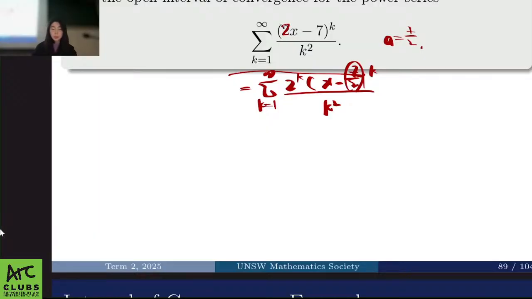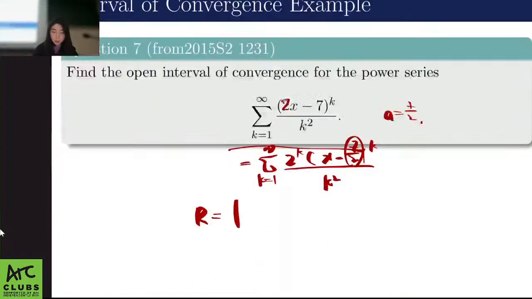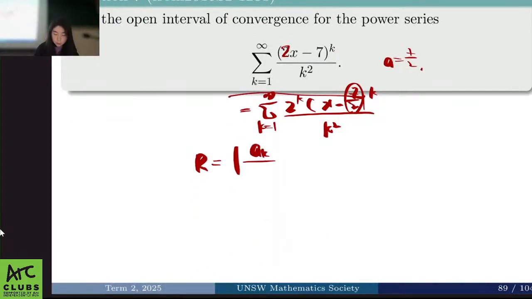So basically what we do is we use the radius of convergence formula, where R is going to be equal to, that's just the absolute value of coefficient a_k over a_(k+1), taking the limit as k approaches infinity.